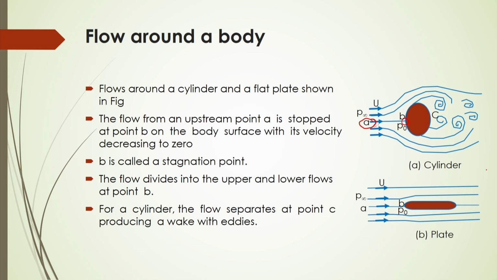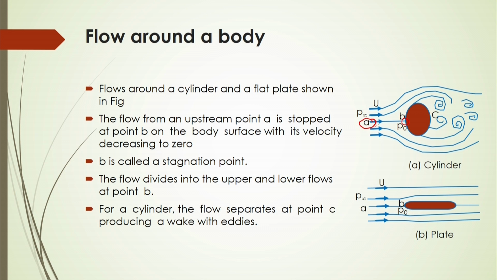Very interesting: whenever any solid object is placed in a fluid stream, the flow will get stuck at the surface of the body at a particular position, as shown here, and the velocity will decrease to 0 at that position, and that point is called the stagnation point.